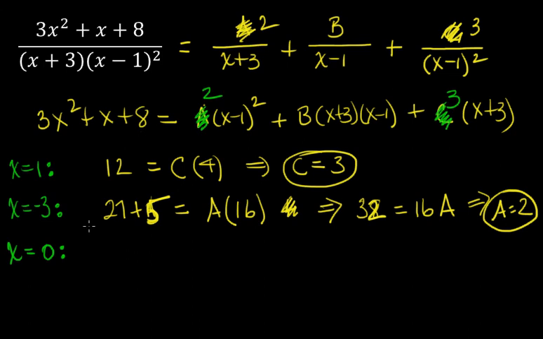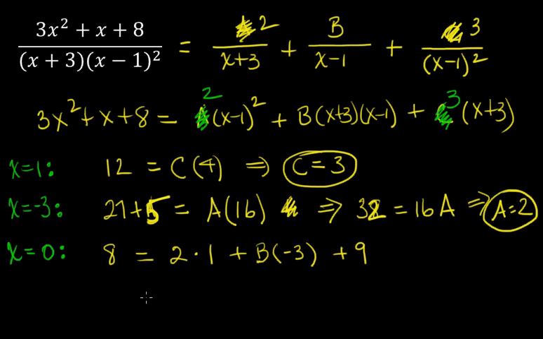Well, it's easy. On the left-hand side, I just get 8 is equal to 2 times negative 1 squared is 1, plus b, that's what we're hoping to find, and we have 3 times negative 1 is negative 3, letting x be 0, plus 3 times 3 is 9.